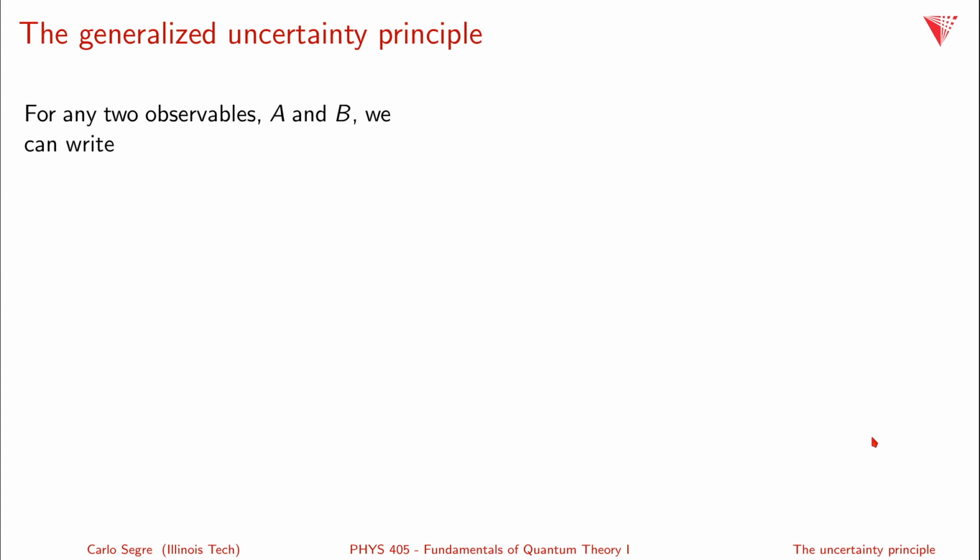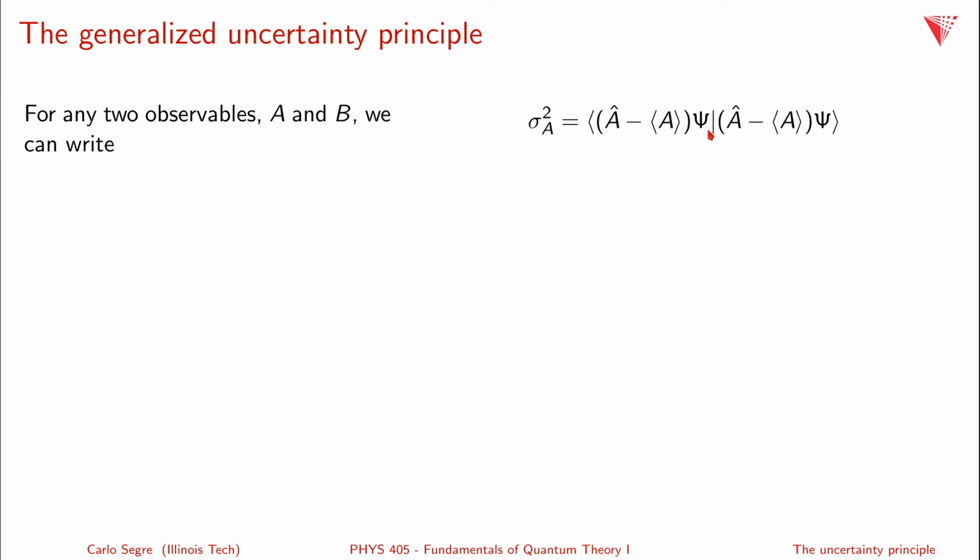So, for any two observables A and B, we can write that sigma sub A squared, which is the variance of A, is just the inner product of the A operator minus the A expectation value applied to psi, inner product with itself.